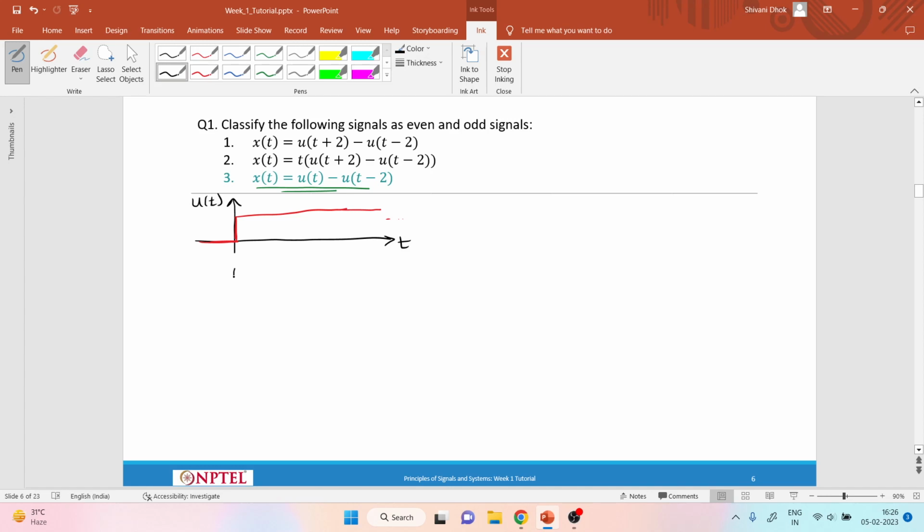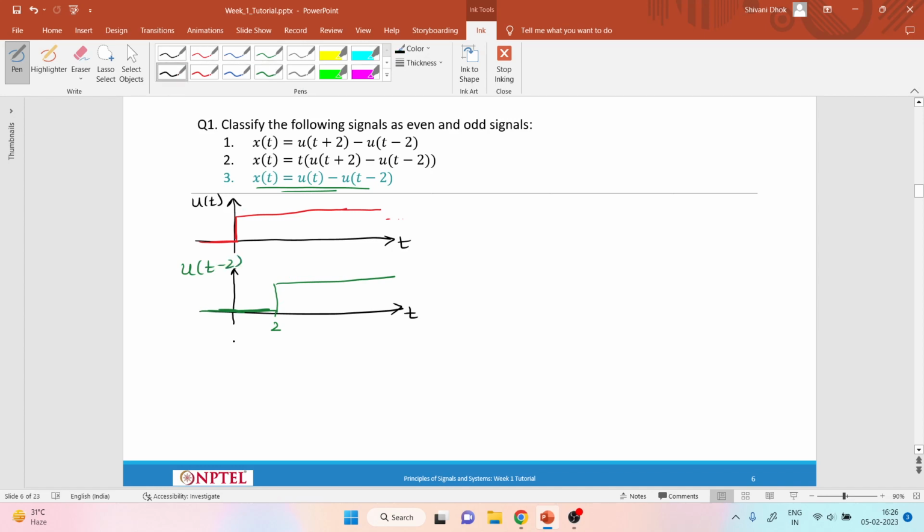Then your u of t minus 2, we have seen that it starts from 2, that is it is 0 till 2, and then it takes the value of 1. So this is u of t minus 2.